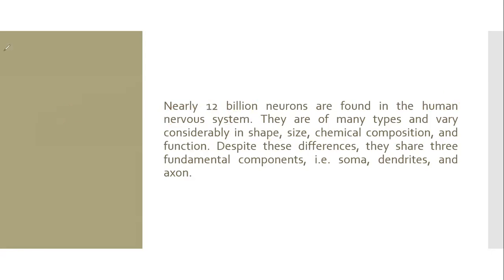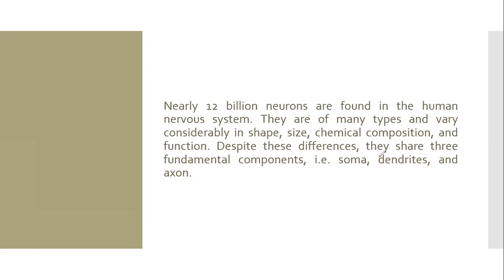So what are the important ones? Shape, size, chemical composition and function. Chemical composition comes from the glands or the system, and these are the important things we have to consider during the study of the neuron and its process.